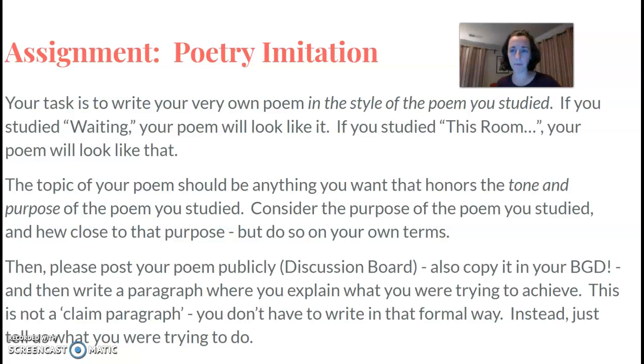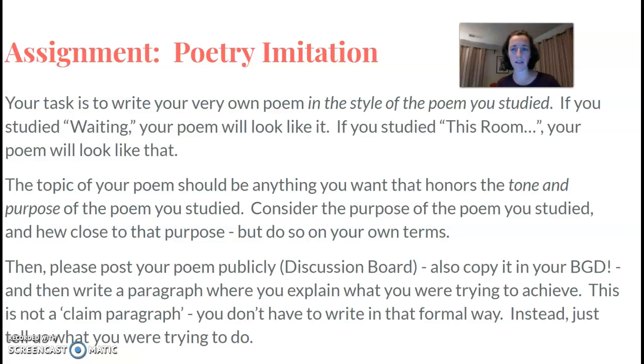The topic of your poem, it can be anything you want, but you're constrained by trying to honor the tone and the purpose of the poem that you read. It doesn't have to be the exact same message, but there's probably a theme that drives that poem. There is a theme. I just won't know what it is. You'll get to decide. And your poem should also honor that theme.